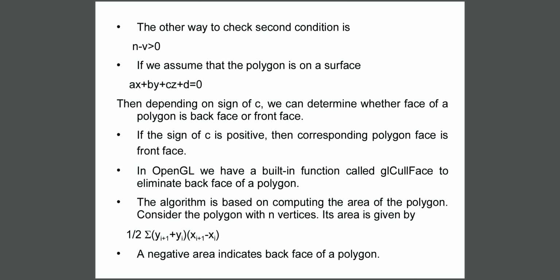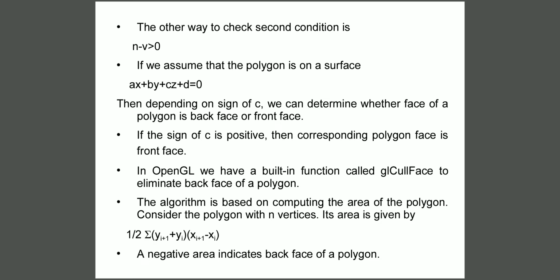If the sign of c is negative, then the corresponding face of a polygon is not visible to a user.